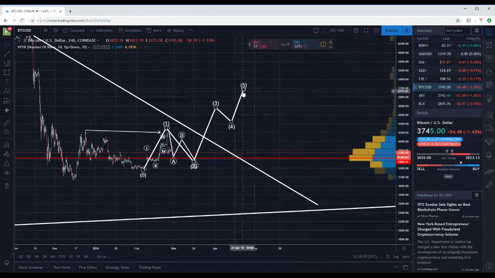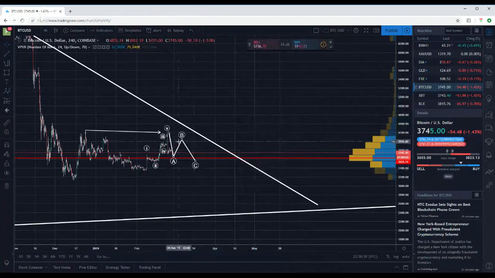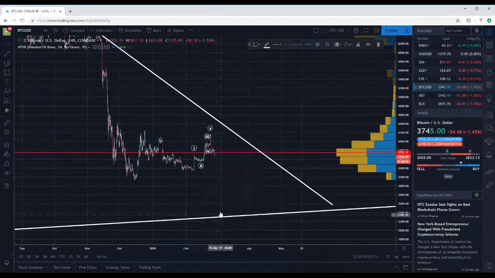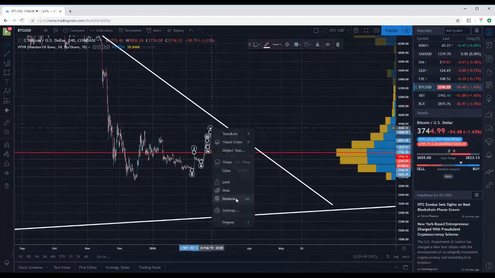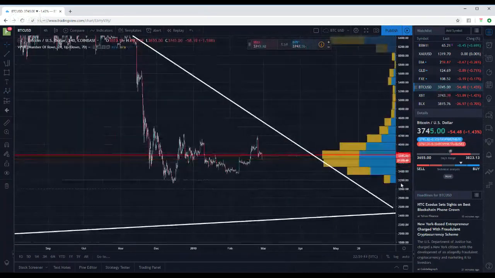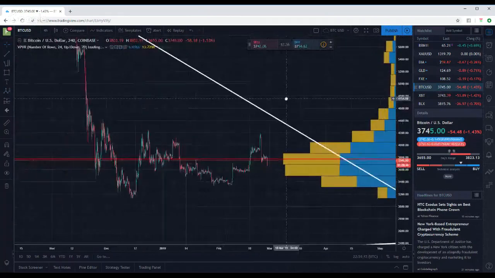Now, I will cover really quickly the count that my partner and I are actually leaning more towards, even though it is very bearish. You know, it doesn't matter. It's about what's technical.